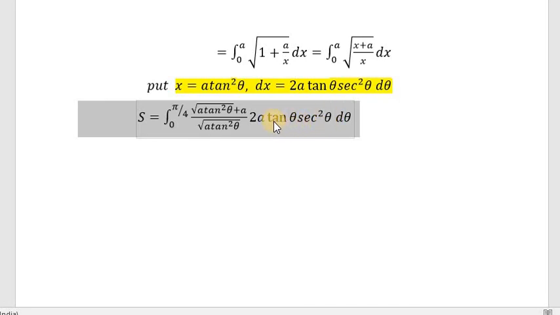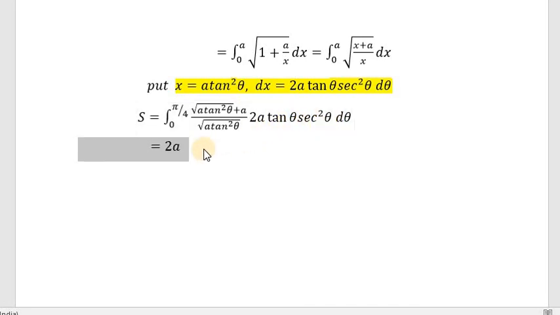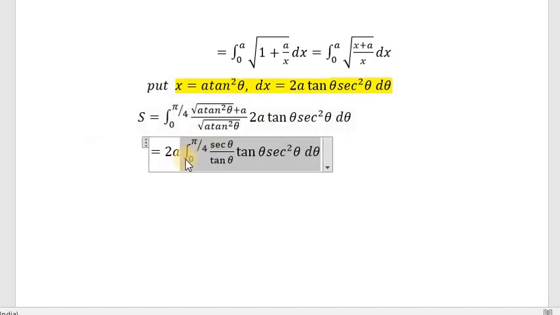Now by simplifying this, we get 2a integral 0 to pi by 4. This is root a cancels, root of tan square theta plus 1. 1 plus tan square theta is nothing but secant square theta. So square root of secant square theta is secant theta. Then square root of a already we have cancelled, tan square theta is tan theta.